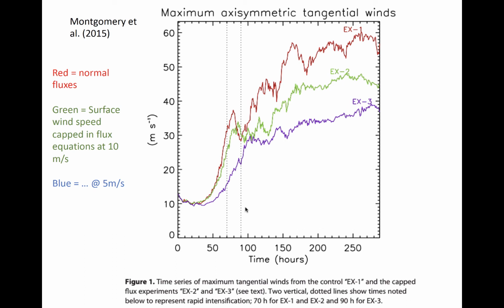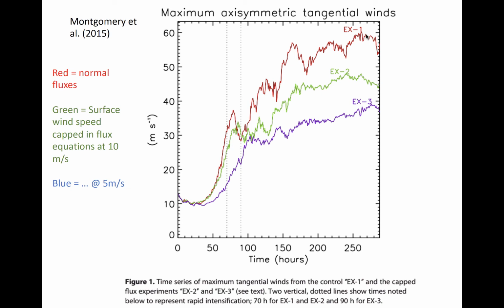However, despite the cap in surface fluxes, rapid intensification still occurred in all 3 simulations, in between these 2 dashed lines right here. The maximum intensities by the end of the simulation were dependent upon the surface fluxes. In the one with just the 5 meter cap on winds, the maximum wind speed got up to just under 40 meters per second, while for the one with the fluxes that were not tweaked, the maximum intensity gets close to 60 meters per second.